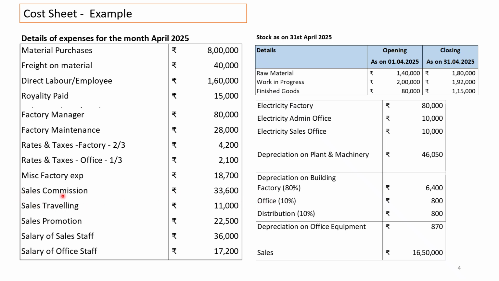Then sales commission, sales traveling expenses, sales promotion expenses, salaries of sales staff, depreciation of the sales building will come under the selling and distribution expenses. Now in the next slide, we will plot these numbers in a cost sheet.